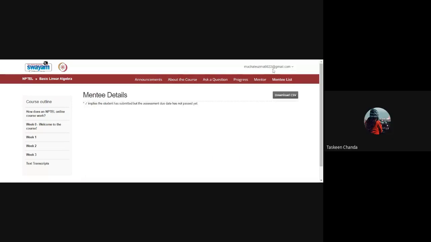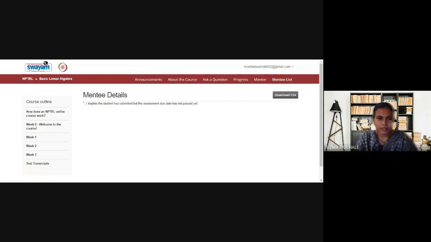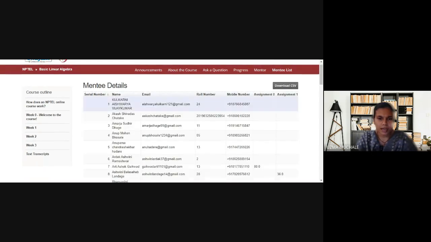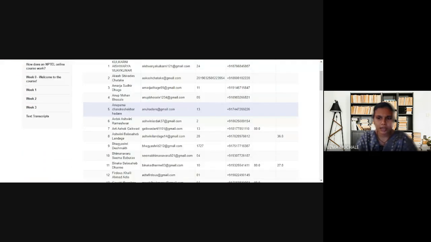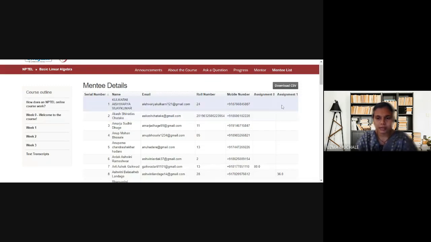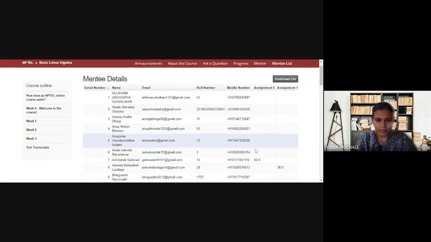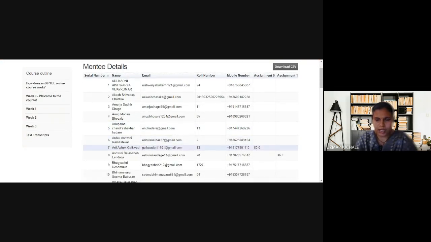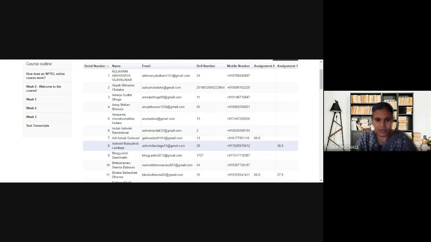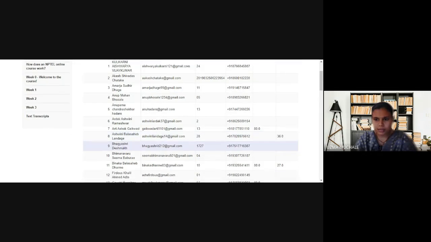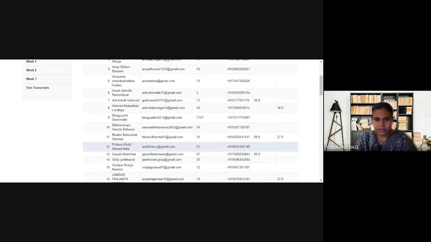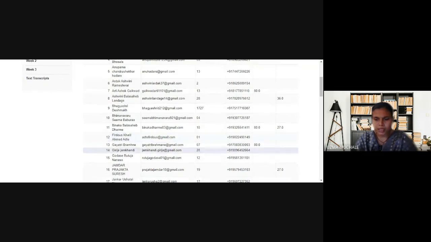Okay, so here you can see mentee list and I can also see how many of you attended the assignment. Assignment 0 starting चे कोणी पण student ने attend नाही केले. Directly आरती अशोक 80 marks is there. अश्विनी लांडगे 36 marks.